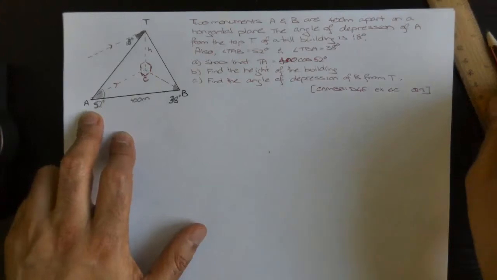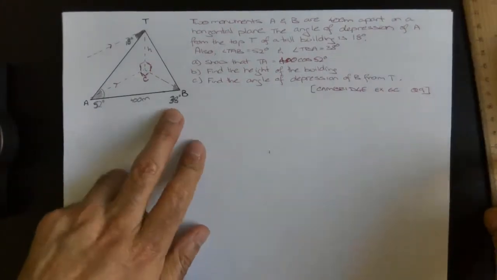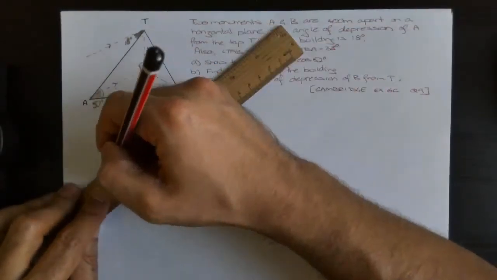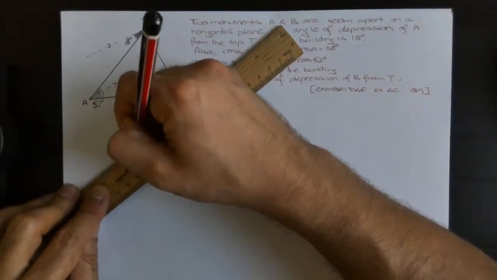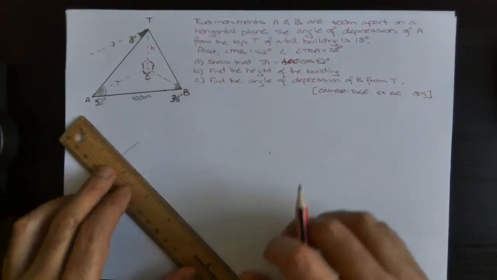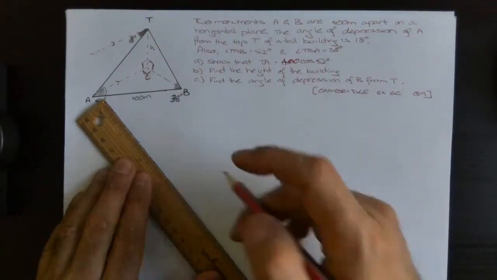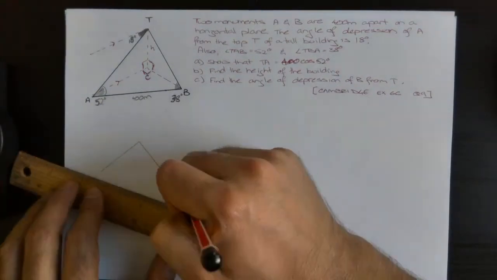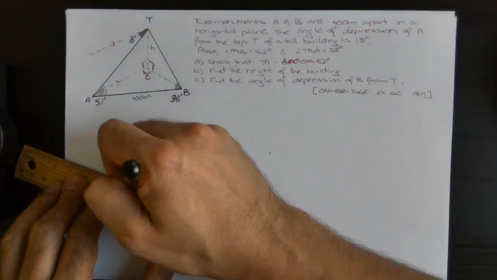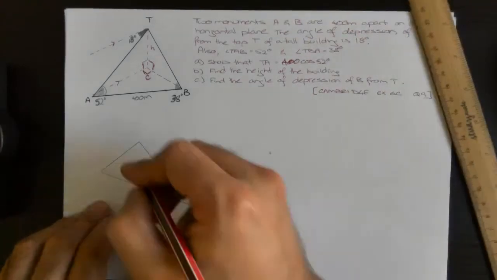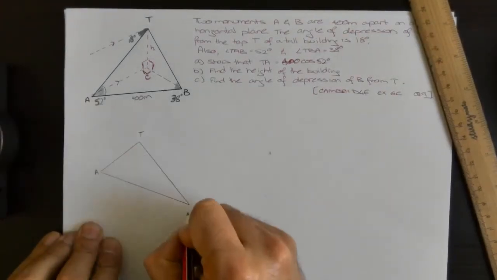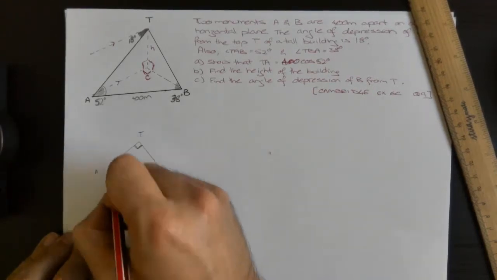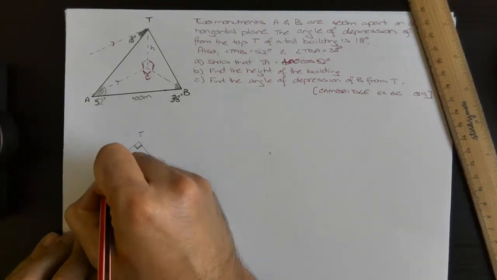So what I found out is, even though the picture doesn't look like it, what we actually have, let's do it bigger, is this triangle here.